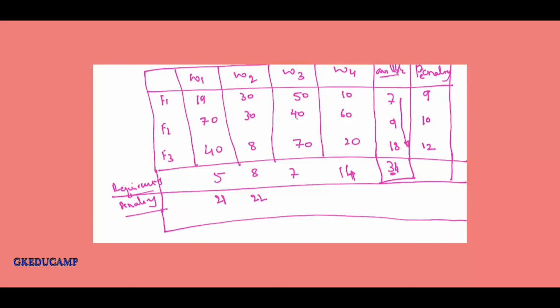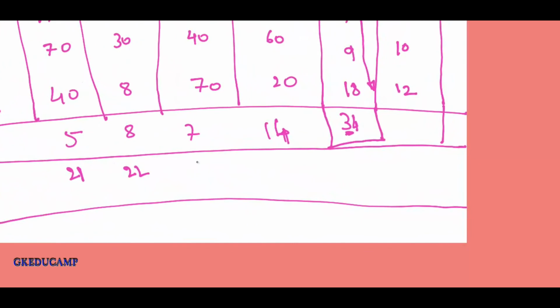Third column: 50, 40, 70: 50 minus 40 gives 10. Fourth column: 10, 60, 20: 20 minus 10 gives 10. So finally we have both the row and column penalties.